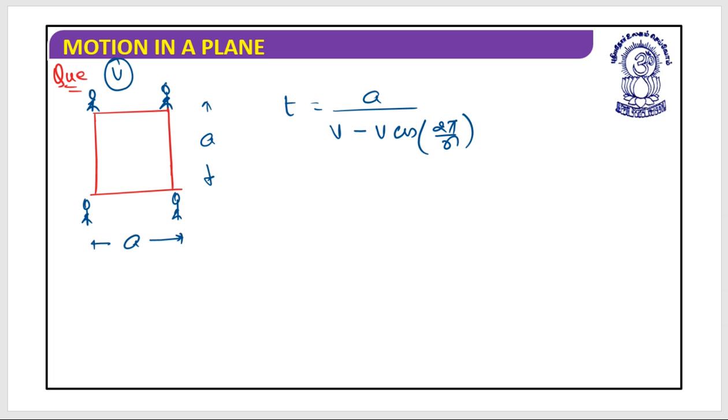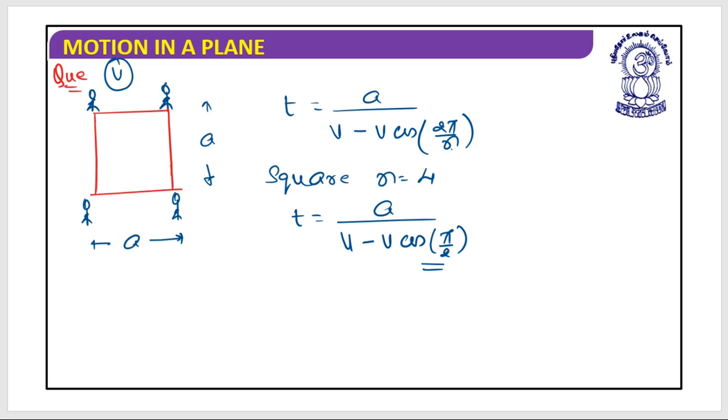As it is a square, I should replace n with 4, so t equals a upon v minus v cos 2 pi by 4, which is pi by 2, which is cos 90 degrees. Cos 90 is 0, so t is equal to a by v. This is the time they take to meet.